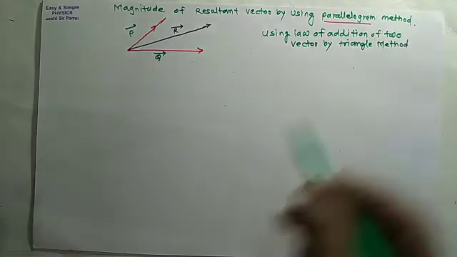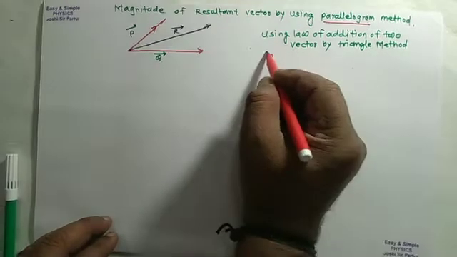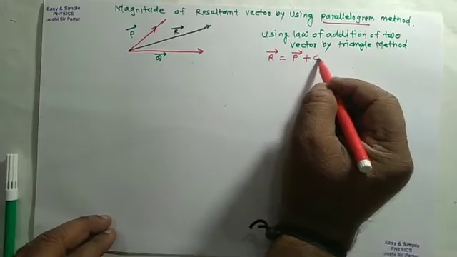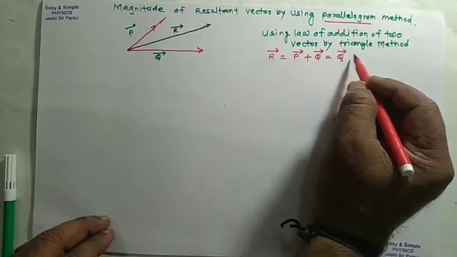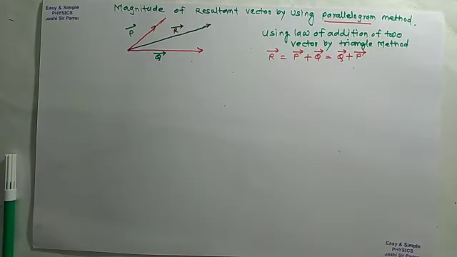Here we can see that resultant vector R is equal to vector P plus vector Q, or vector Q plus vector P.